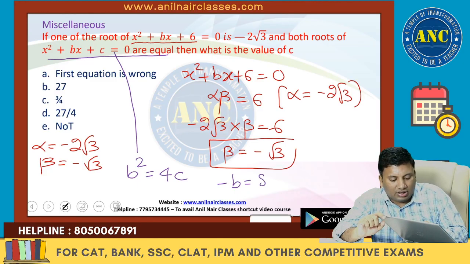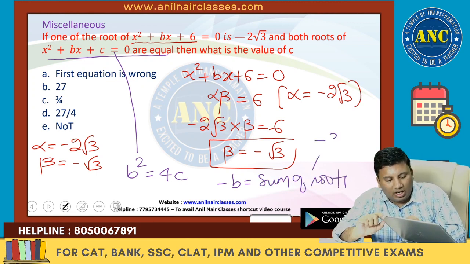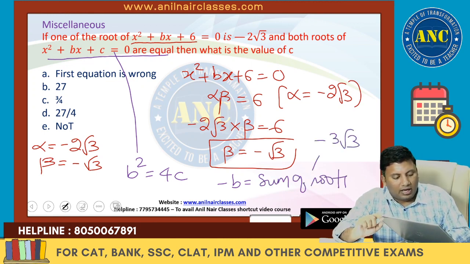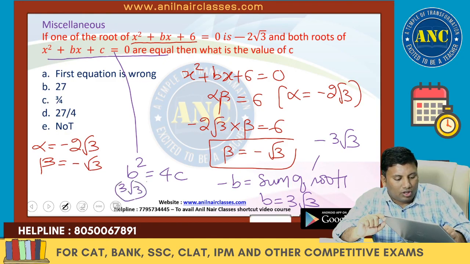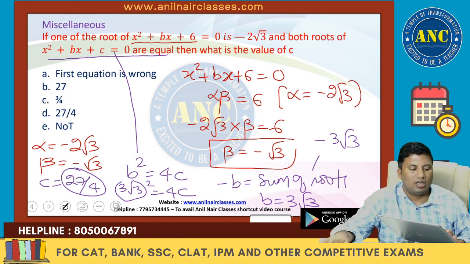Minus b is the sum of the roots, which is minus 3 root 3, so b is 3 root 3. Then 3 root 3 whole square equals 4 into c, so c is 27 by 4.